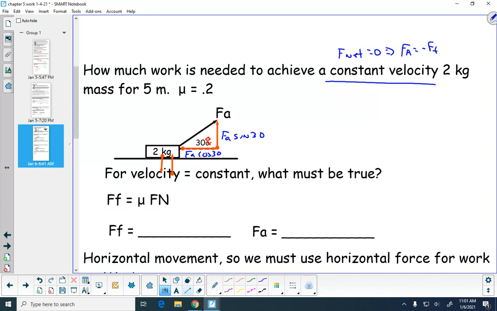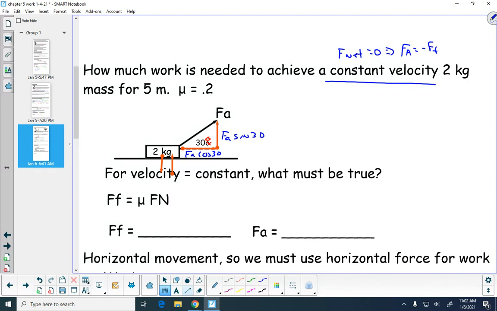Force applied will be equal but opposite to the force of friction. Well, let's look at our force of friction. Once again, we have 2 kilograms times 9.81.